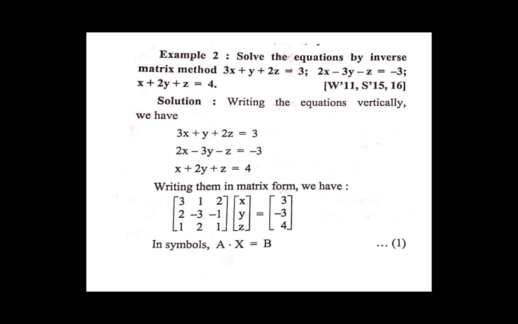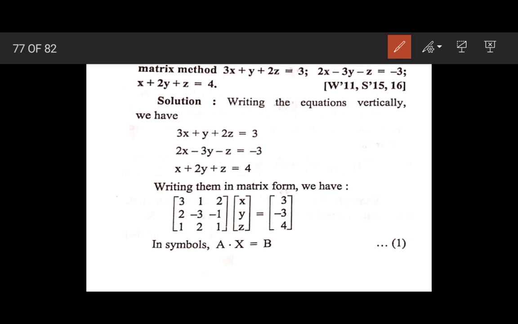Now let's see one example of solving three variables with three equations. So in today's video we are going to see how to solve for x, y, z, the three variables, by using the matrix inversion method.